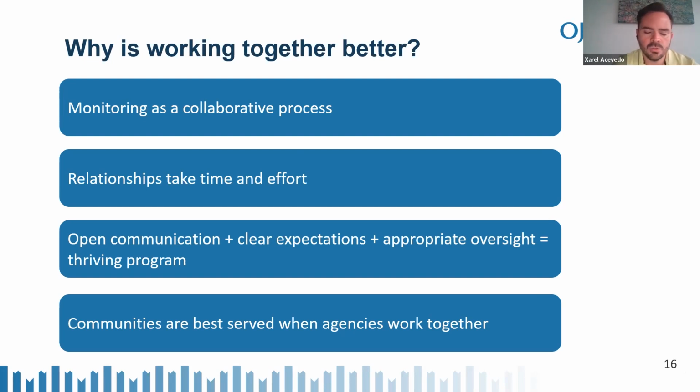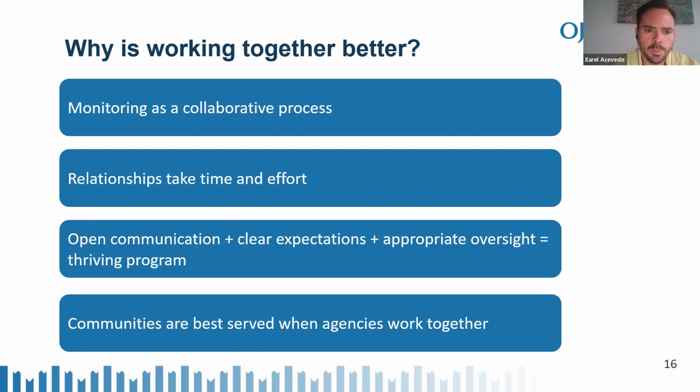And to correct these shortcomings, it is more effective that you work together, okay? Second part says relationships take time and effort. Okay, we like to say that you should get to know them, okay? Take a look at the proposal, at the budget, create a grantee file, and know as many details as possible of what it is that they do for your program, okay?